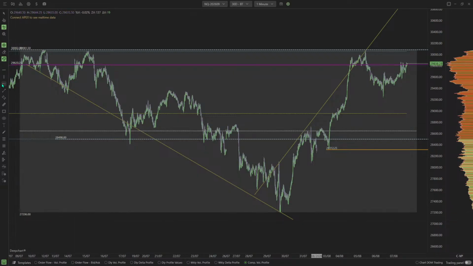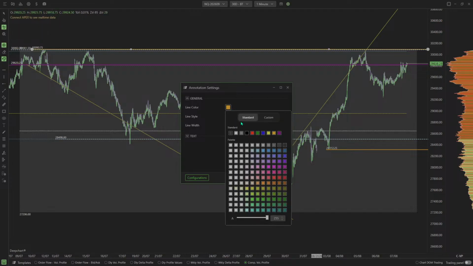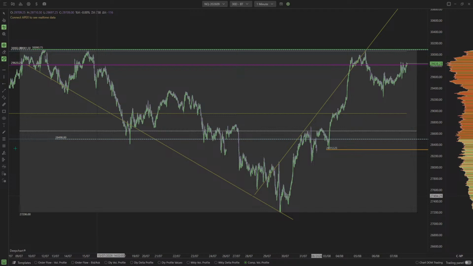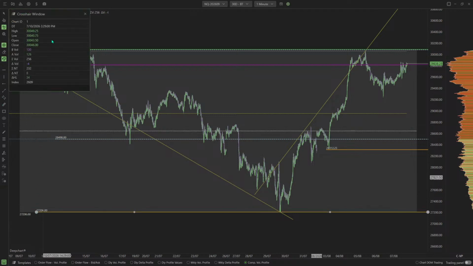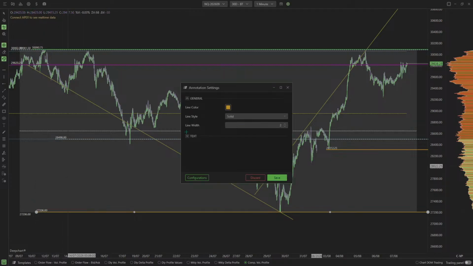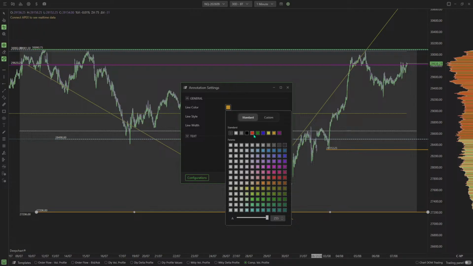Right. This is also 30-day high. So put a green line here. This is the 30-day low. Put a red line here.